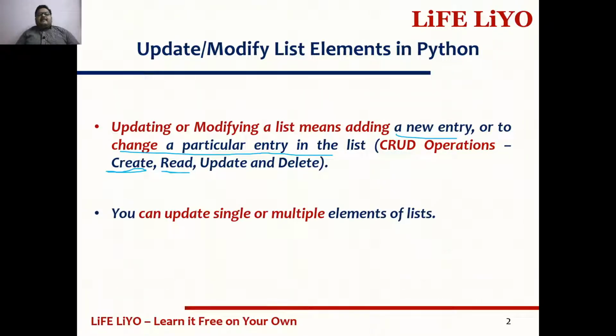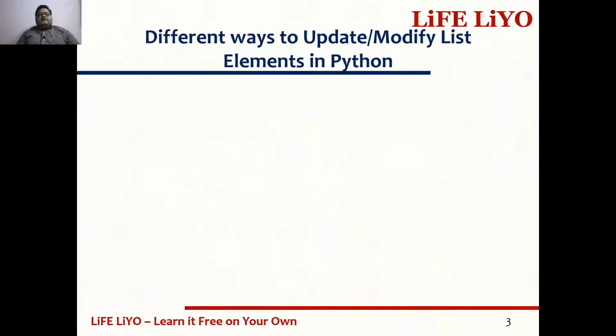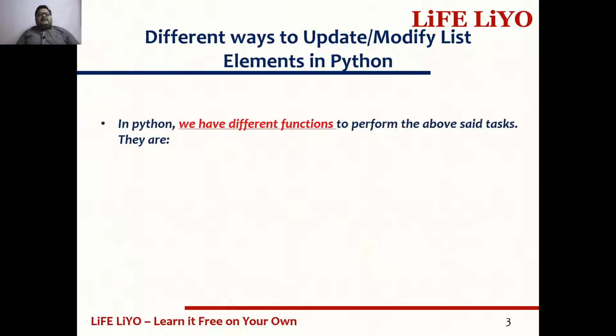You can update single or multiple elements of the list. What are the different ways or functions available to update or modify list elements in Python? In Python, we have different functions for performing tasks such as updation, deletion, creation, or reading. Here we are talking about update or modify.